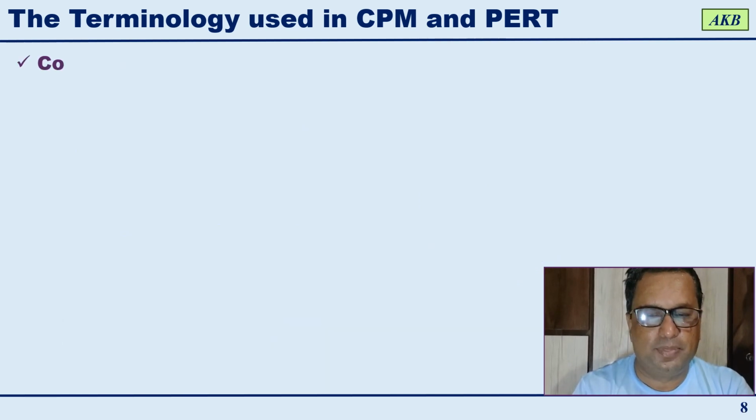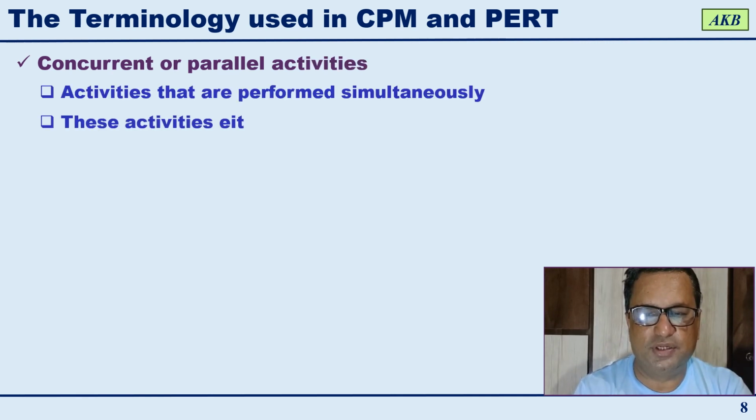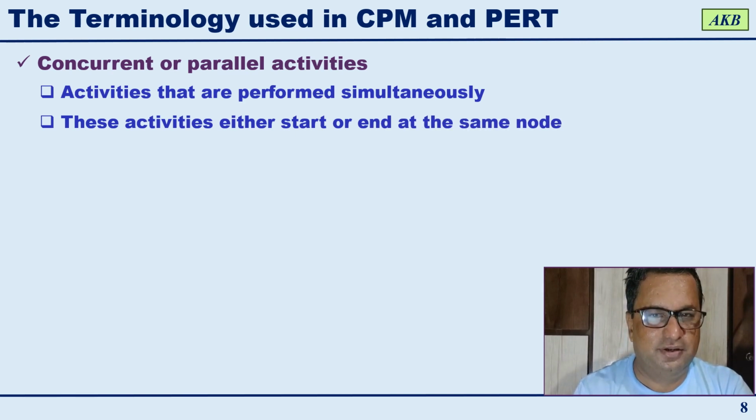Then the next concept is concurrent or parallel activities. So what are these? These are activities that are performed simultaneously. All those activities that can be performed simultaneously, you call concurrent activities or parallel activities. These activities either start or end at the same node.